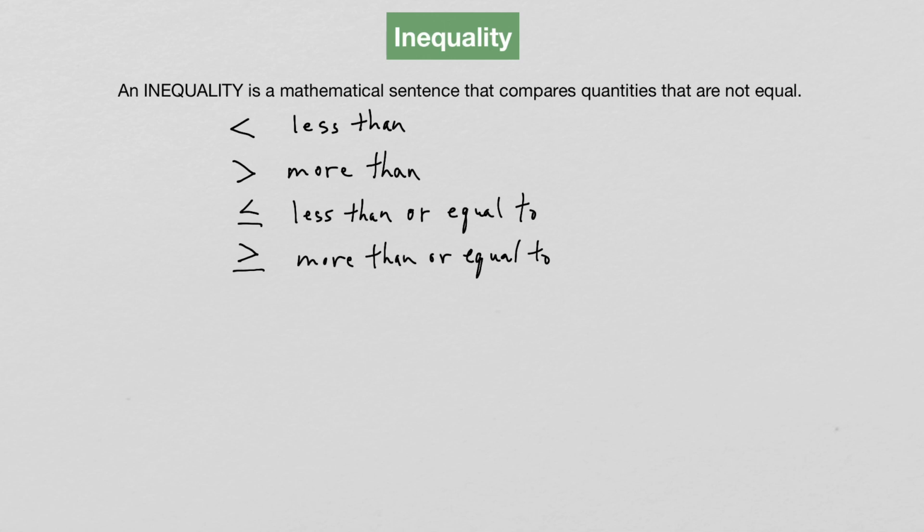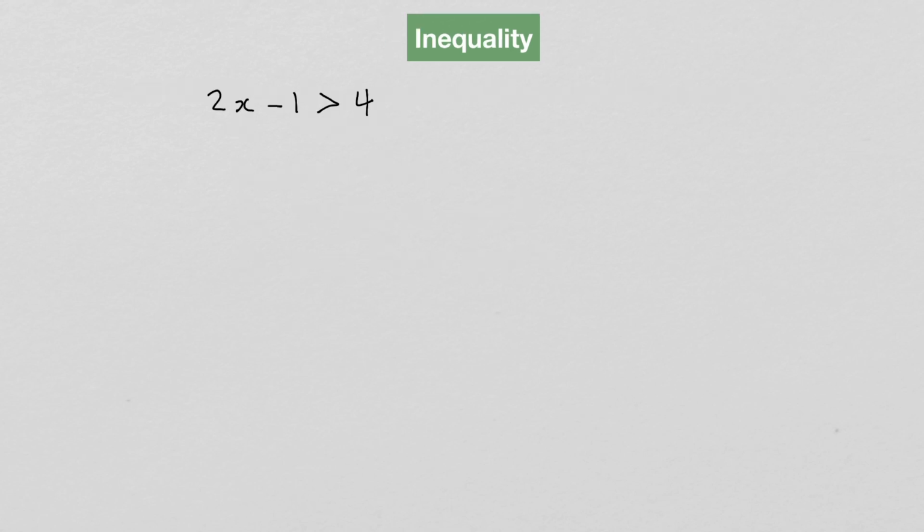Okay, so let's go over a couple of examples so you understand how to solve an inequality. Let's suppose we have the following statement: 2x minus 1 is greater than 4. To solve this inequality, the steps you use are the same as for an equation with an equal sign.